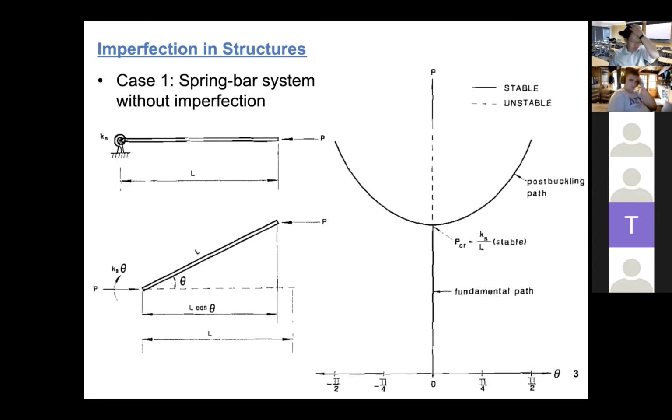So what is imperfection? Imperfection means when we design the structure, or when we analyze the structure, in theory, we don't want any geometric imperfection in all the structures. However, realistically speaking, you know that's not true, right?